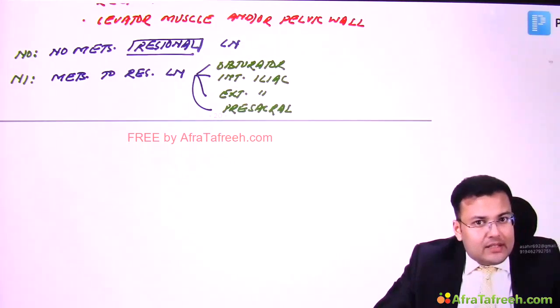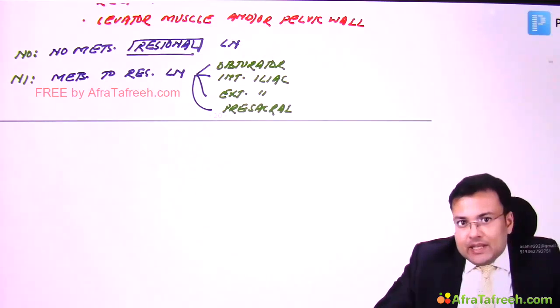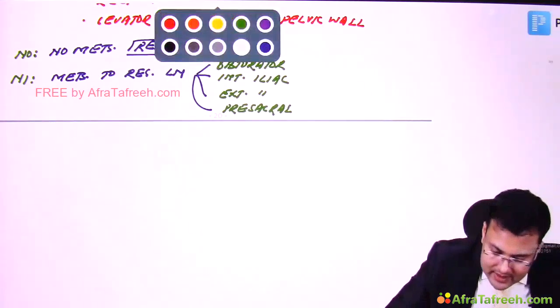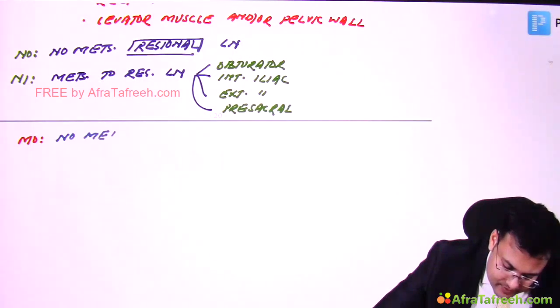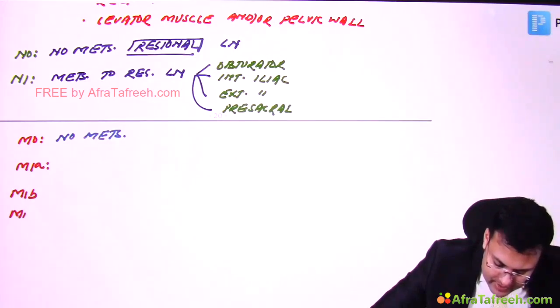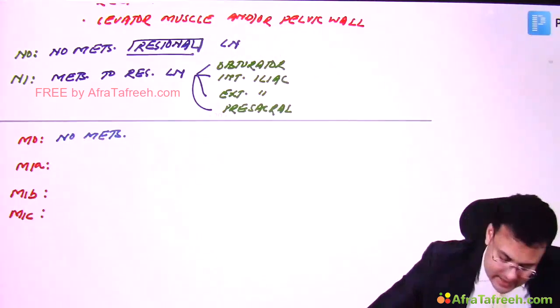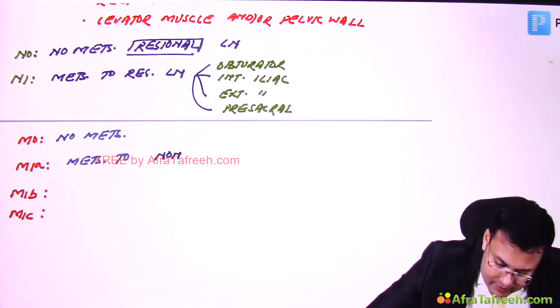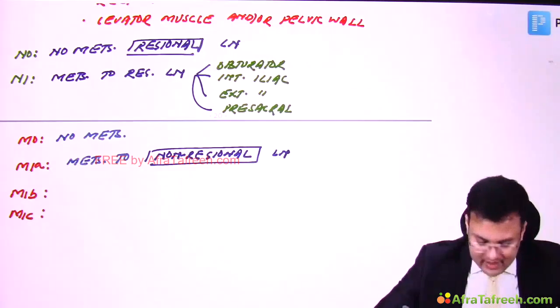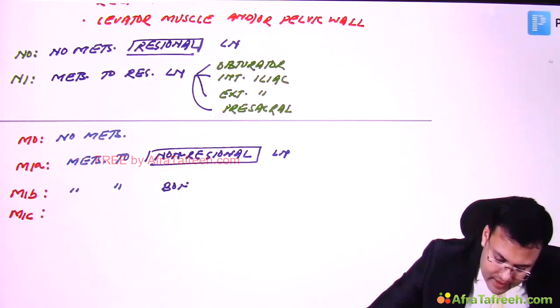In M1A, there is metastasis to non-regional lymph nodes. In M1B, there is metastasis to bone, and in M1C, metastasis to other sites.